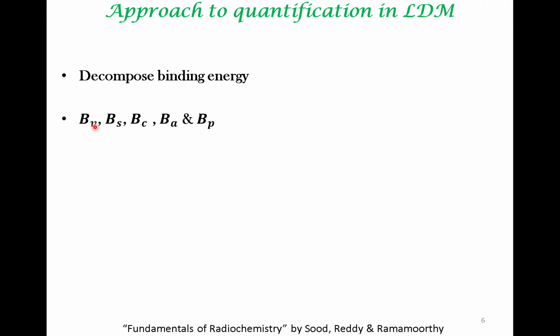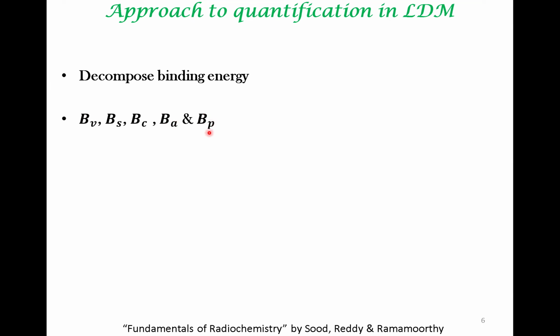The binding energy of the surface is different from the binding energy of the inner volume. Then there is the Coulomb interaction because of protons that exist inside the nuclear matter. Then there is something called asymmetric energy. You will see why, because there is an asymmetry in terms of neutrons and protons that will be accommodated into this term.